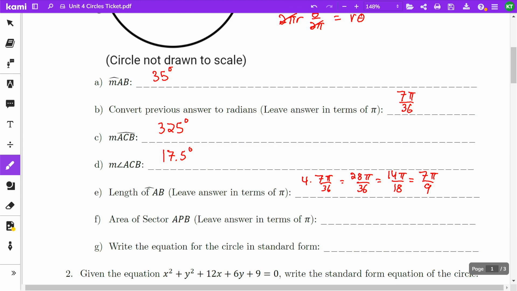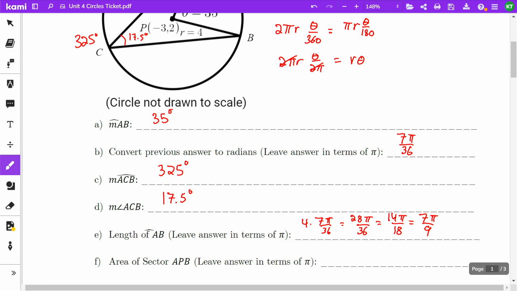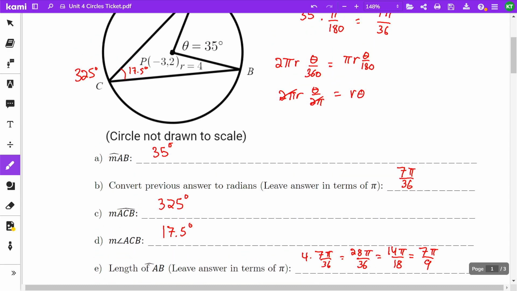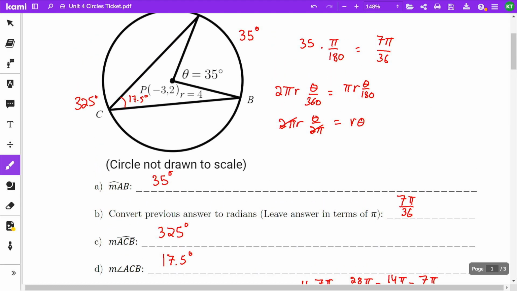Next, we're going to find the area of that sector. Again, I'm going to do this in radians, because just like with degrees, I think it's a little easier, because that equation was pi r squared theta over 2 pi, and I can get rid of my pi's here. So it's just going to be r squared times theta over 2.